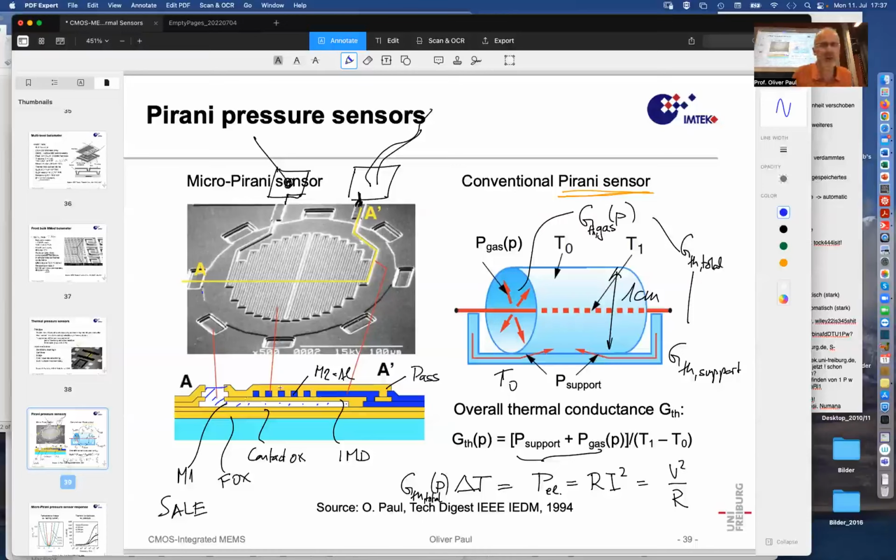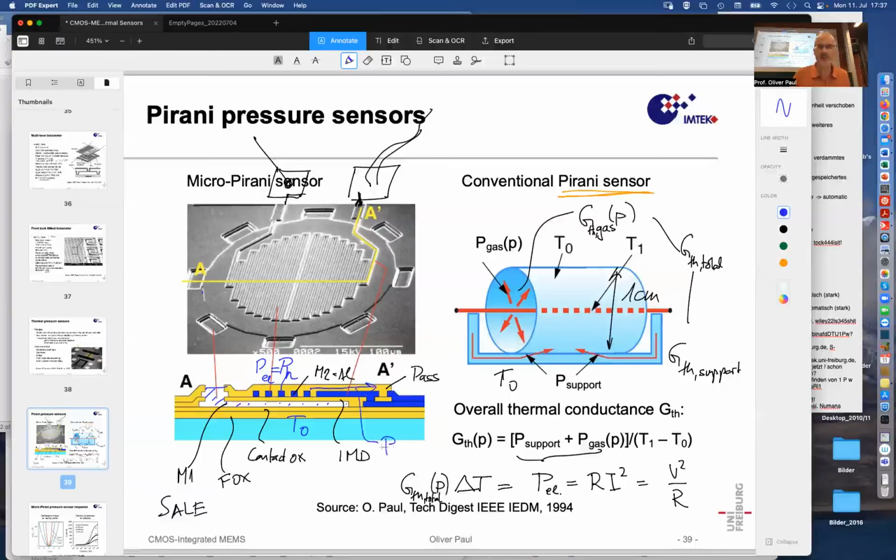And it becomes a thermal sensor because now this top structure is separated from the underlying substrate at temperature T0 by some insulating gap. So if I generate now here in these meanders some heat power, this electrical power, if I dissipate the electrical power here, the power has to flow away via the solid.